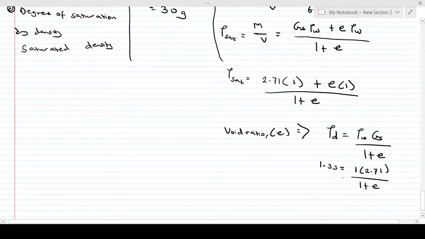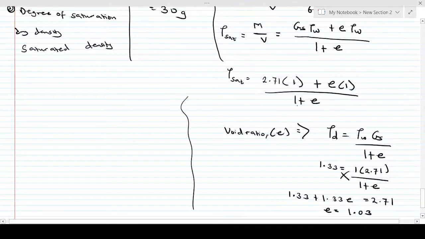So I just go ahead and cross multiply. We're going to get 1.33 plus 1.33 E equal to 2.71. And I can make E the subject. Making E the subject, I get my final answer to be 1.03. Note, void ratio has no units. So from here, I can substitute my E into this formula to get my saturated density.